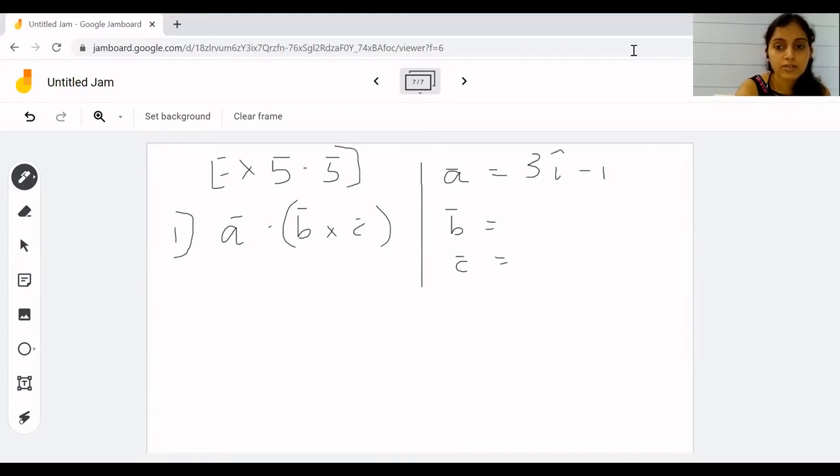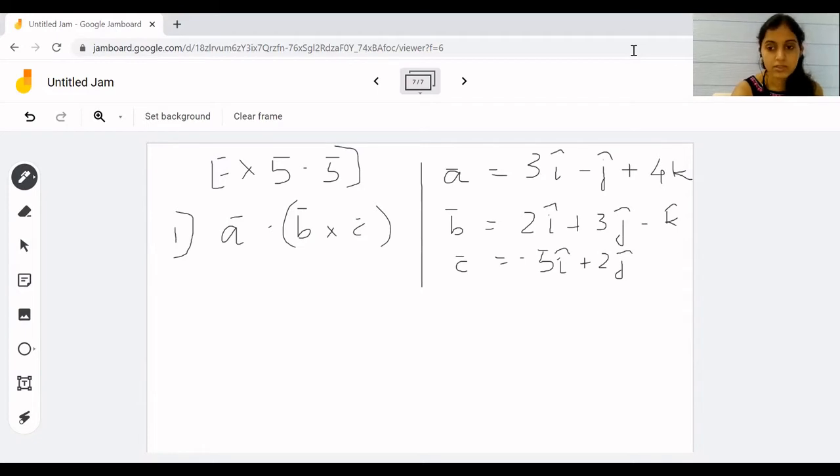B bar is equal to 2i plus 3j minus k. And C bar is equal to minus 5i plus 2j plus 3k. These are the three vectors.